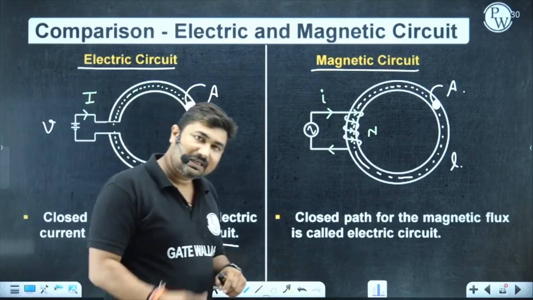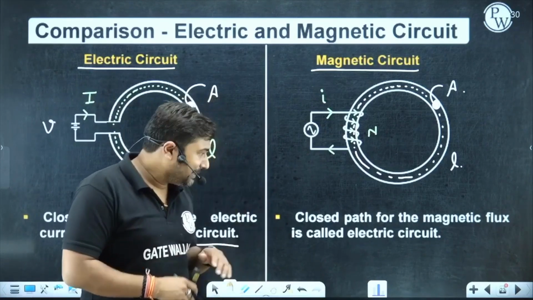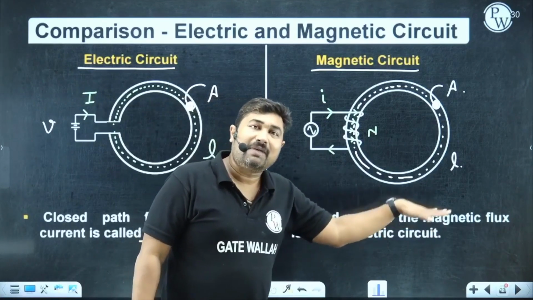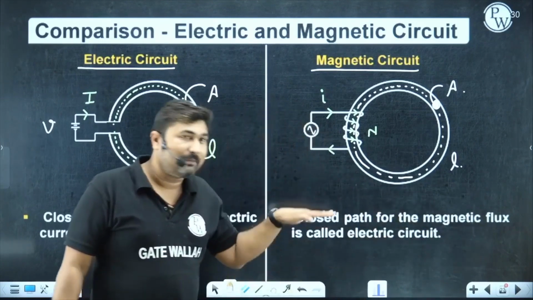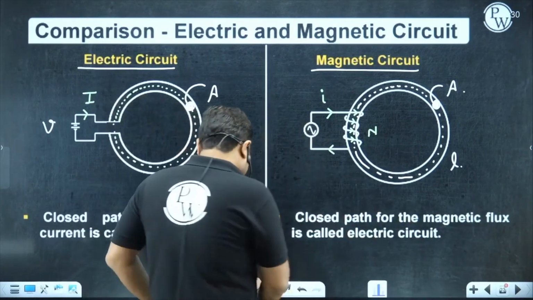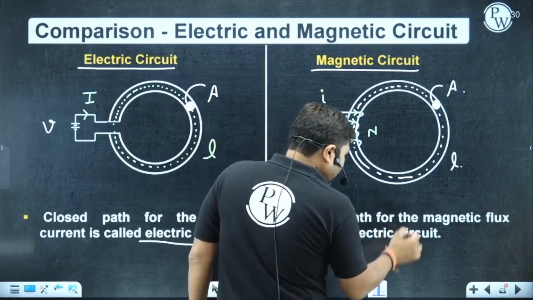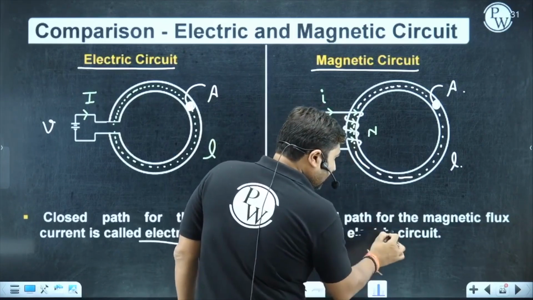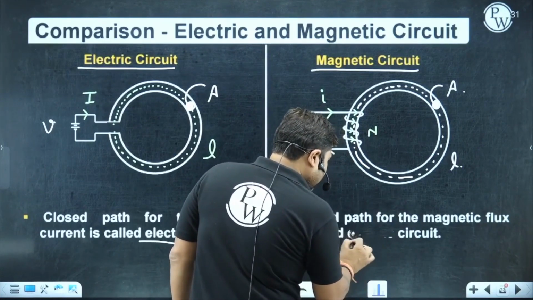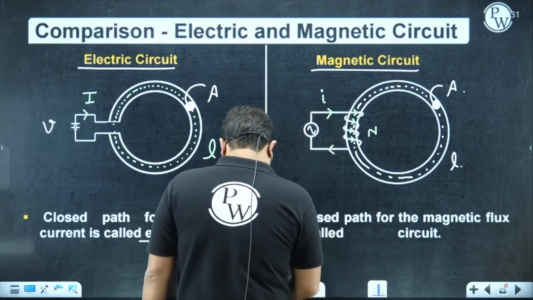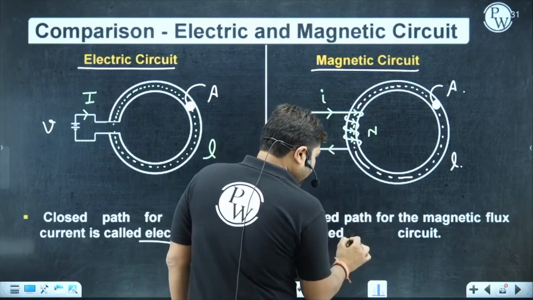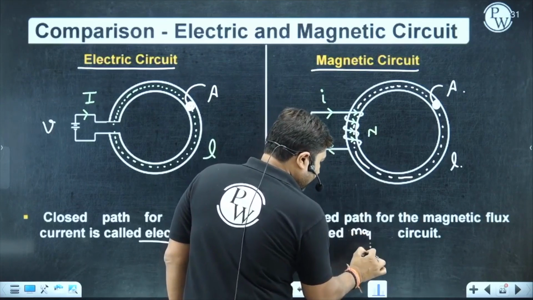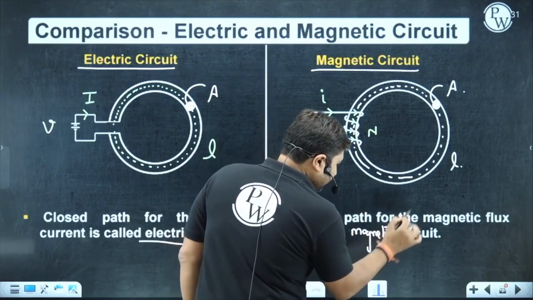Great. Similarly, a closed path for the magnetic flux is defined as a magnetic circuit.